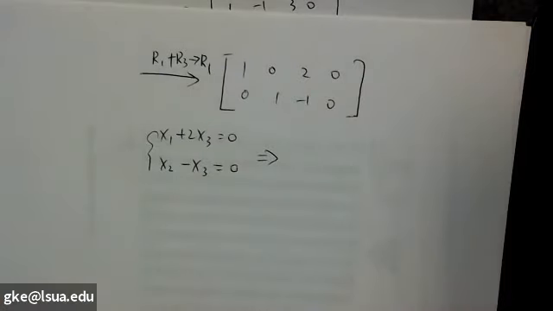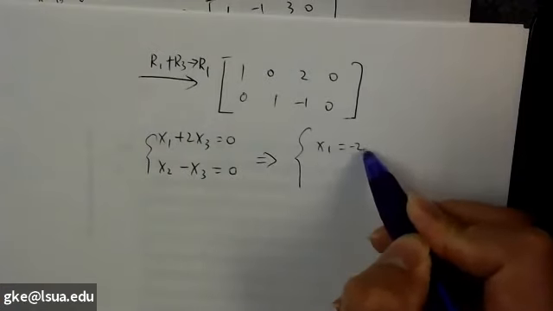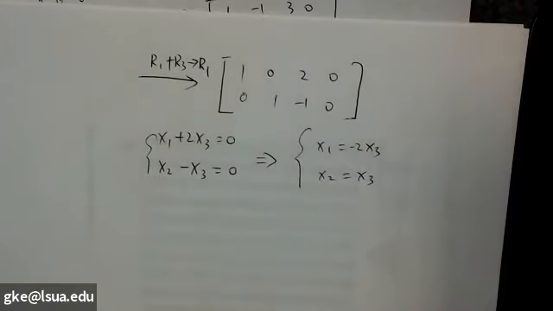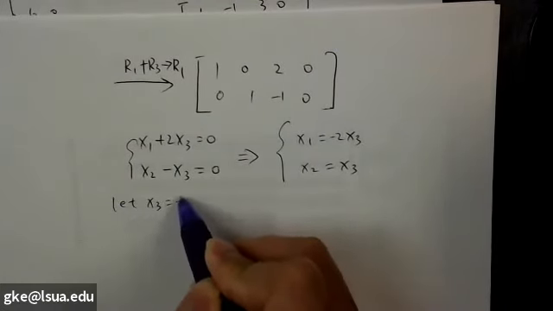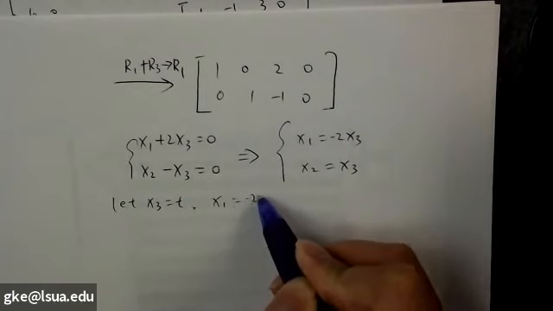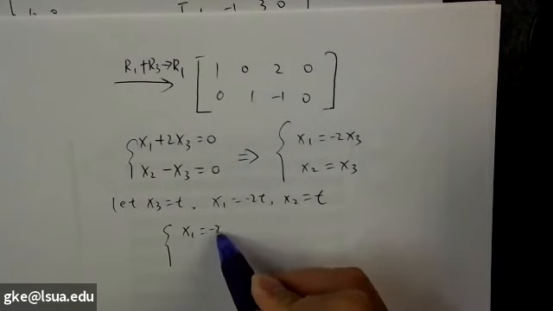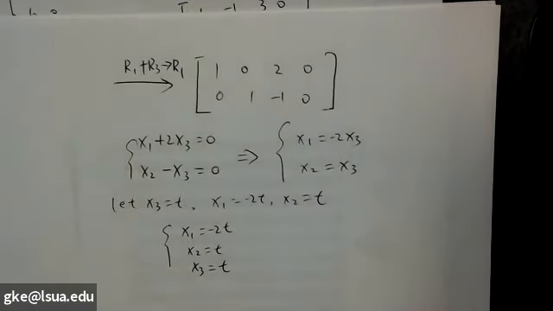Okay, very good. Now we let x3 equal t, and x1 equals -2t, x2 equals t. That's it. That's the solution. Okay.